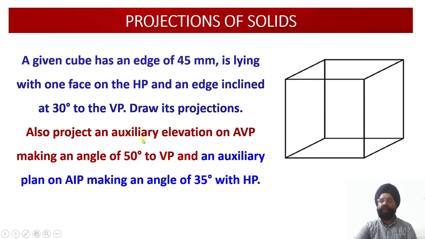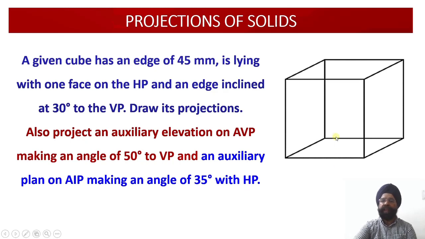So we are going to draw the auxiliary elevation on the AVP, which will be inclined at an angle of 50 degree to the vertical plane. Then in the second stage, we are going to draw the auxiliary plan of this inclined solid on the auxiliary inclined plane, which will be making an angle of 35 degree with the horizontal plane. So both of these two cases we are going to evaluate.